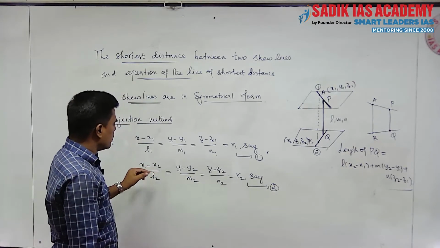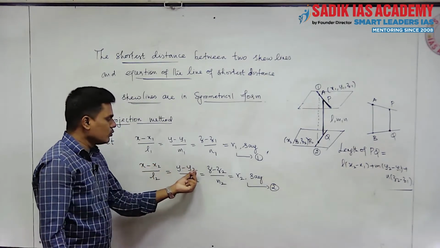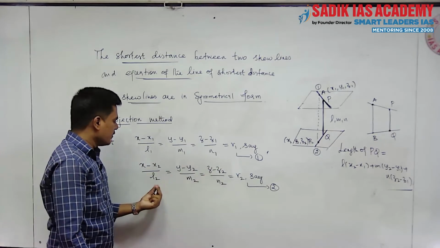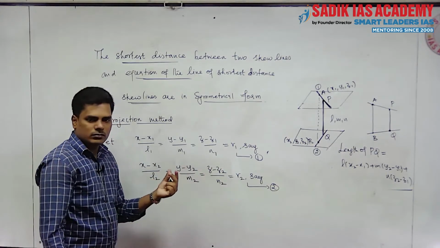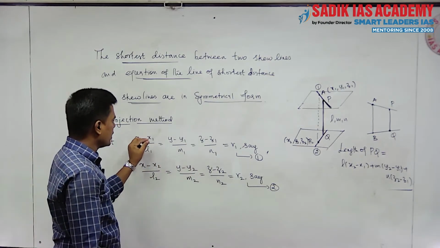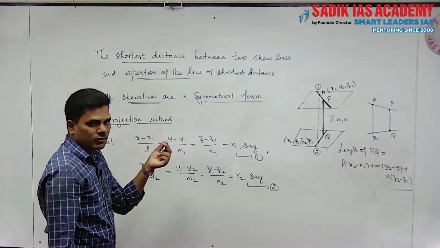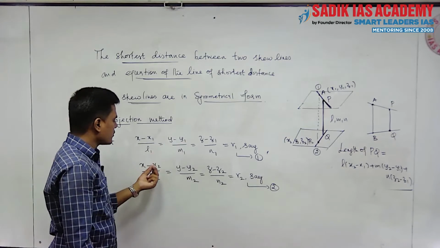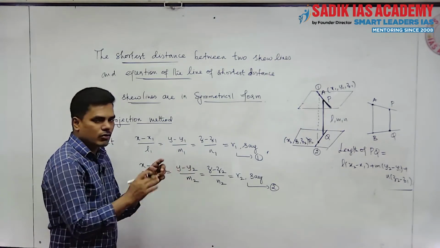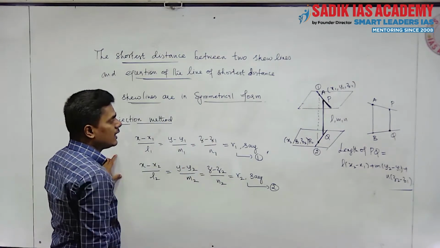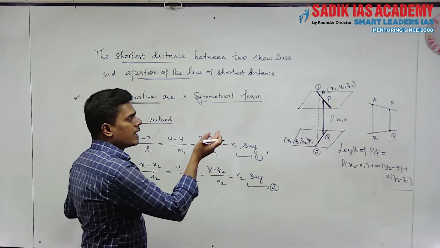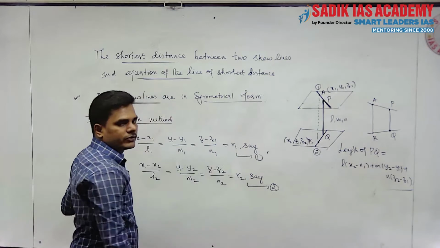The second line passes through the point x2, y2, z2 having direction cosines L2, M2, N2. Yes or no? Now, let us assume that L, M, N be the direction cosines of the shortest distance.